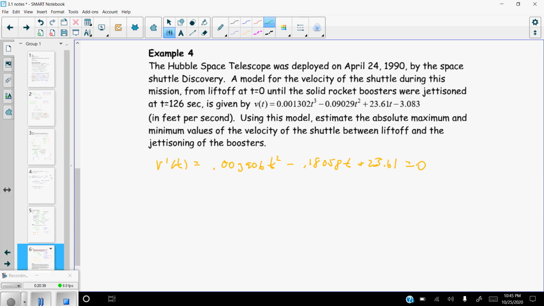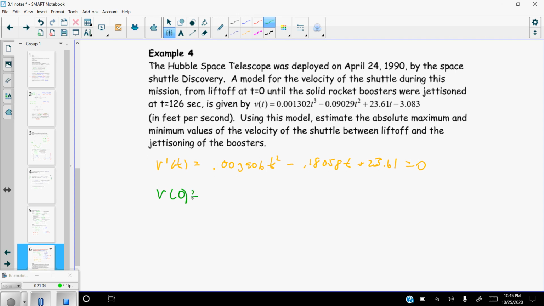So this is actually kind of cool. We plug 0 in, that's really easy because you plug 0 into your velocity, the first two terms go away. It's 23.61, sorry, that's wrong. I got to plug in the velocity, not the derivative.